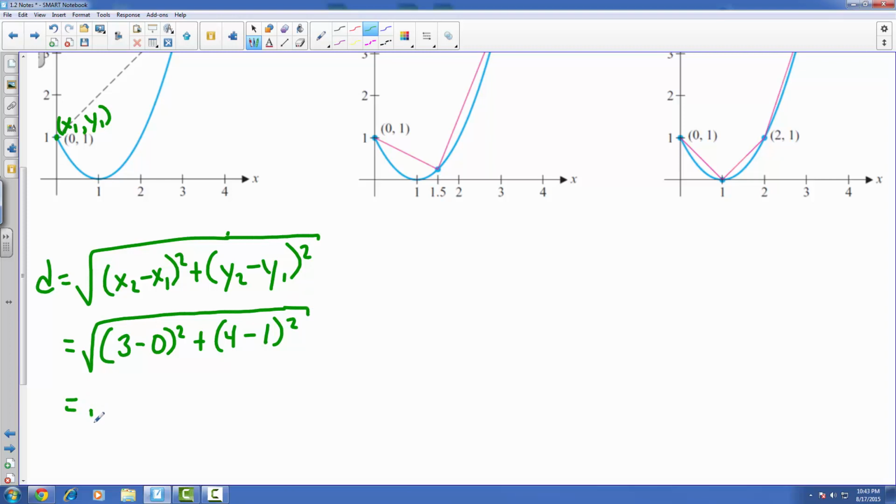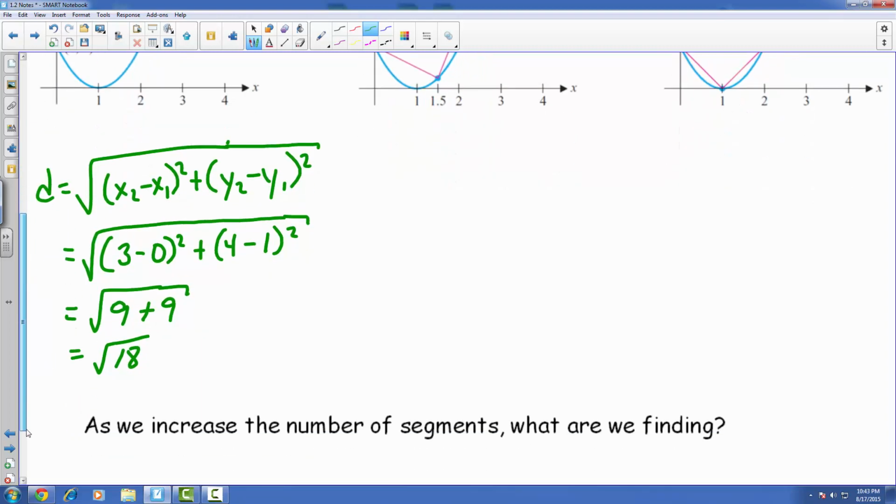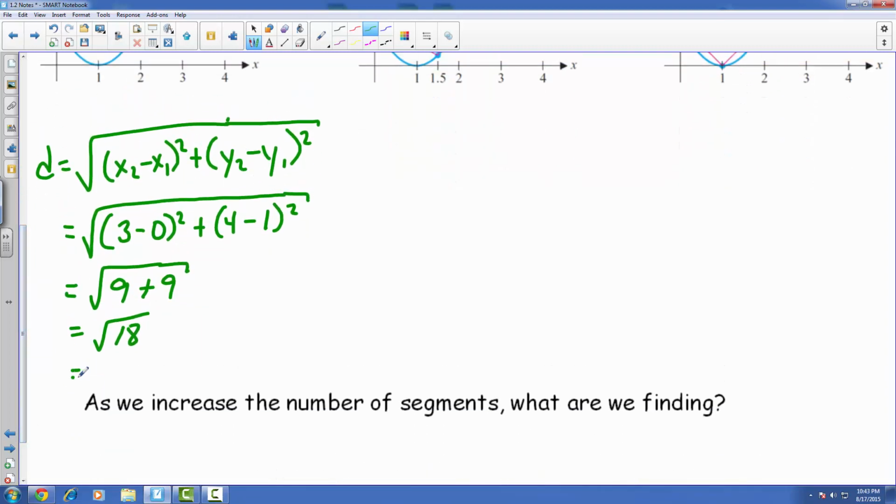This should simplify: 3 minus 0 is 3, quantity squared is 9, plus this will come out to be 3 squared, which is again 9. So we end up with the square root of 18. Just doing a little bit of good and garbage, that comes out to be 3 root 2. The reason why that works is we can take the root of 9 and the garbage of 2. And so you end up with this.